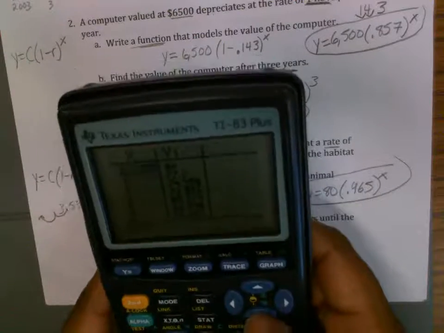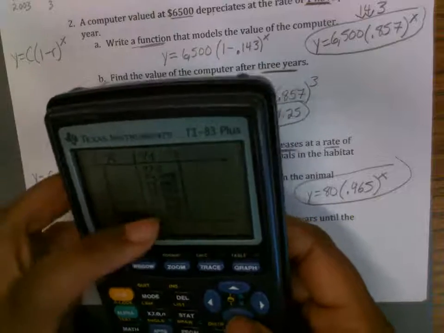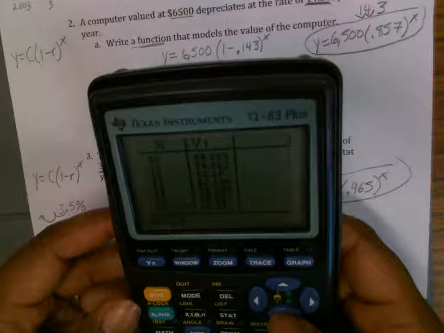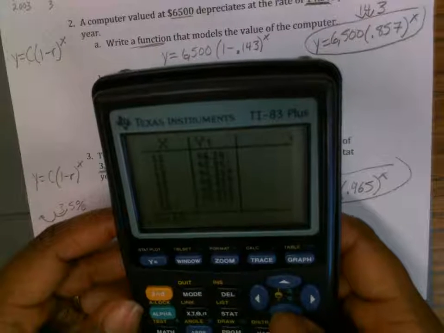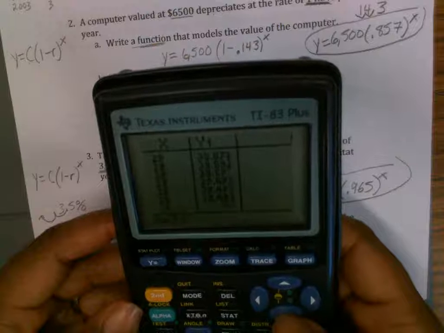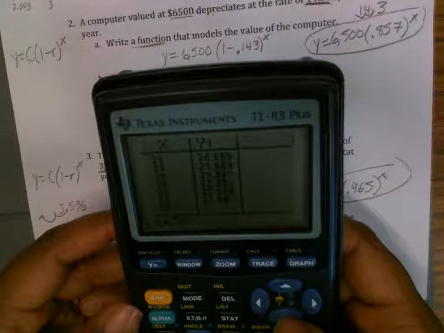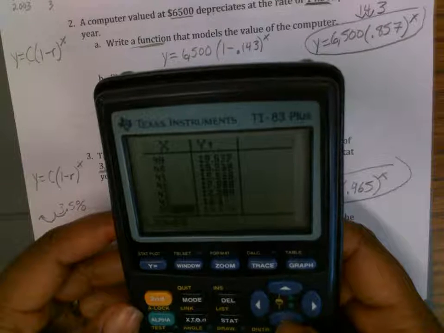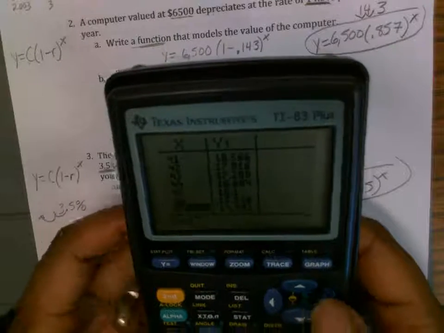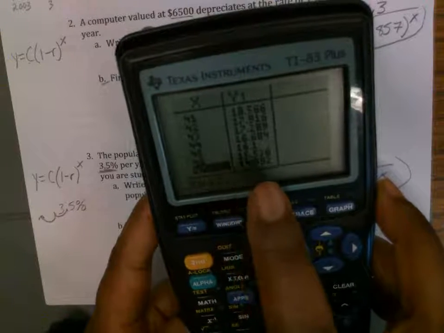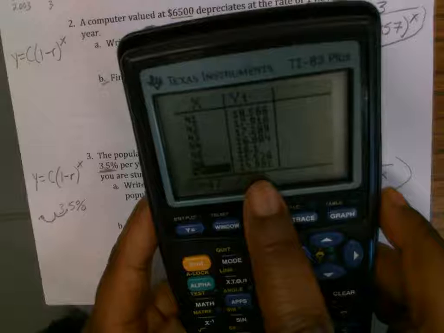Okay, so let's look at this side. It keeps going down. So we're going to look at the y values to see when does it first get below 15. I keep pressing the down arrow, just taking a look at the y values. All right, so here, look, about 47 years before it gets below 15.